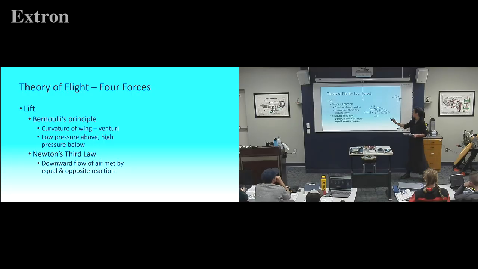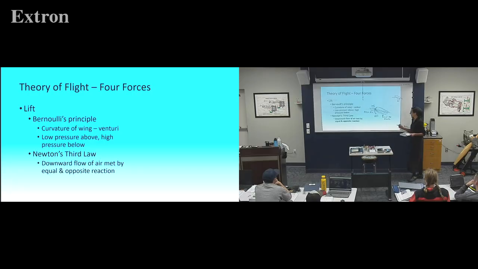But if you take all of this net effect into consideration, you can say there's going to be a net equal and opposite reaction to that downward deflection, which kind of lines up with Newton's law.